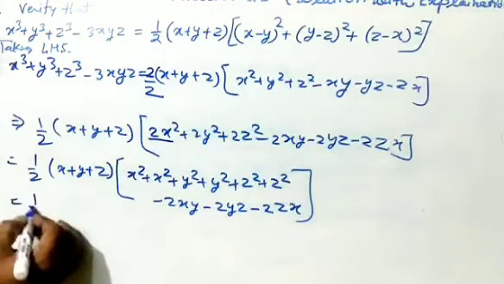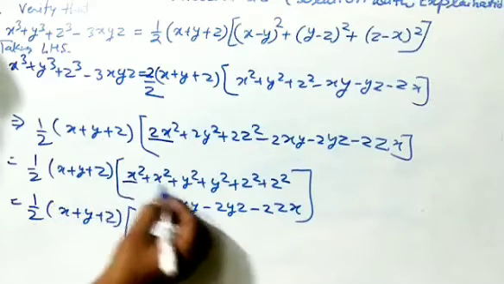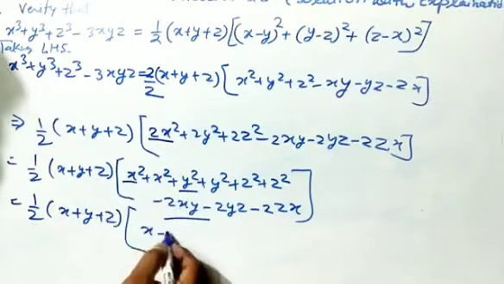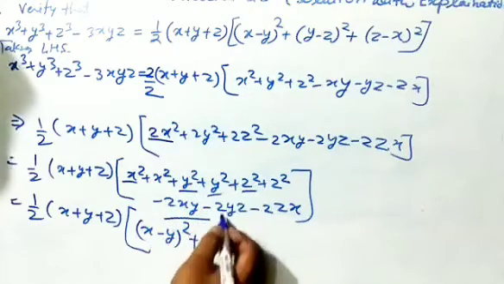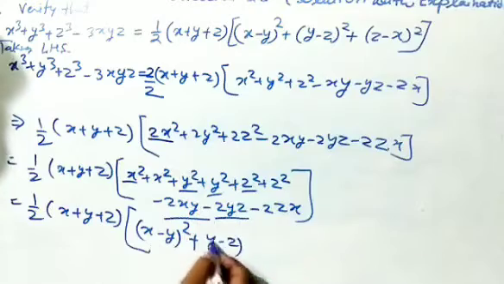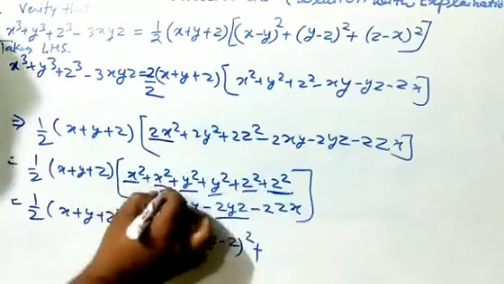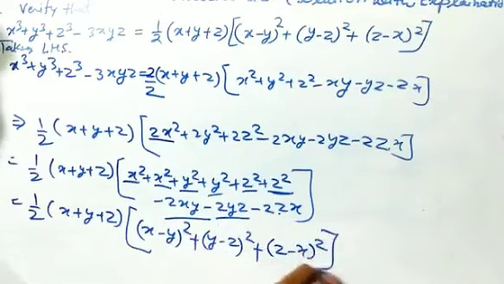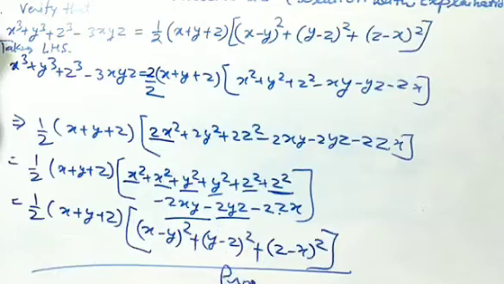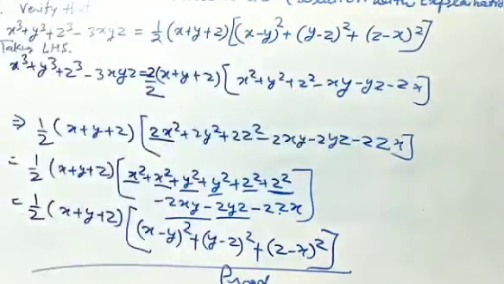So here write 1 upon 2, x plus y plus z, x square plus y square minus 2xy, means x minus y whole square, plus y square plus z square minus 2yz, y minus z whole square, plus z square plus x square minus 2zx, means z minus x whole square. So this is proved. We take the LHS and we prove the RHS. This is the proof section. Okay. Come to the next question.